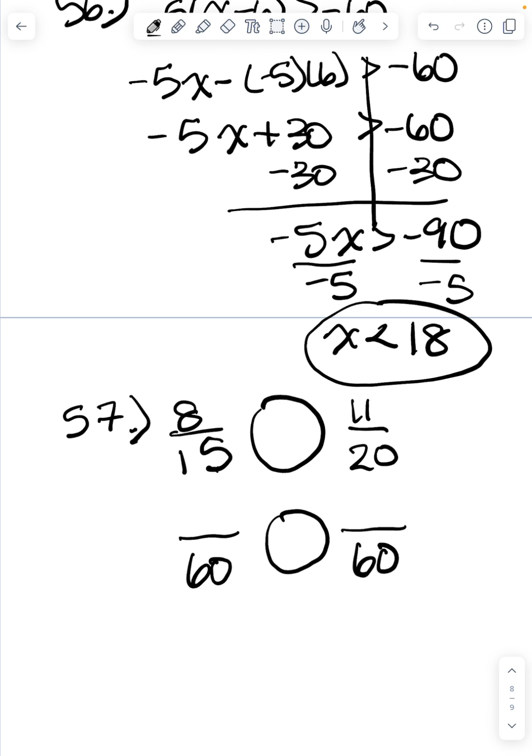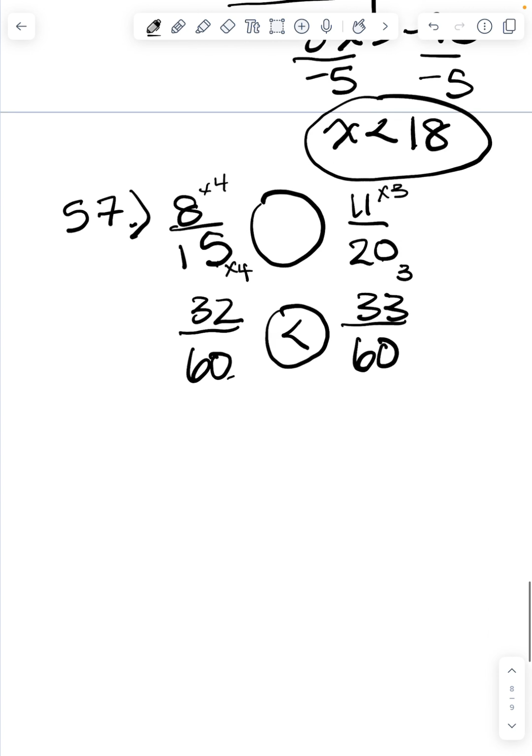In order to get from 15 to 60, I need to multiply by 4. That means I need to multiply my numerator by 4. In order to get from 20 to 60, I multiply by 3. That means I multiply my numerator by 3. So 32 and 33 is what I'm actually comparing, which means I'll have a less than symbol.